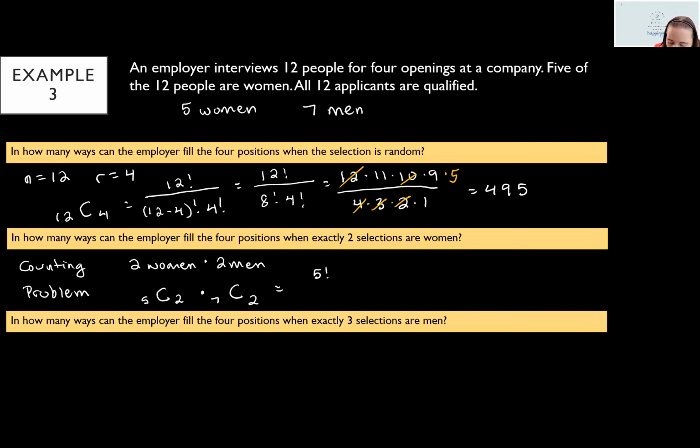So that's 5 factorial over 5 minus 2 factorial. And if you want, you can just do that subtraction in your head, that's fine, and just do 3 factorial and 2 factorial. That is okay if you skip that step. And then 7 factorial over 5 factorial, 2 factorial. So 7 minus 2, it gives you 5.